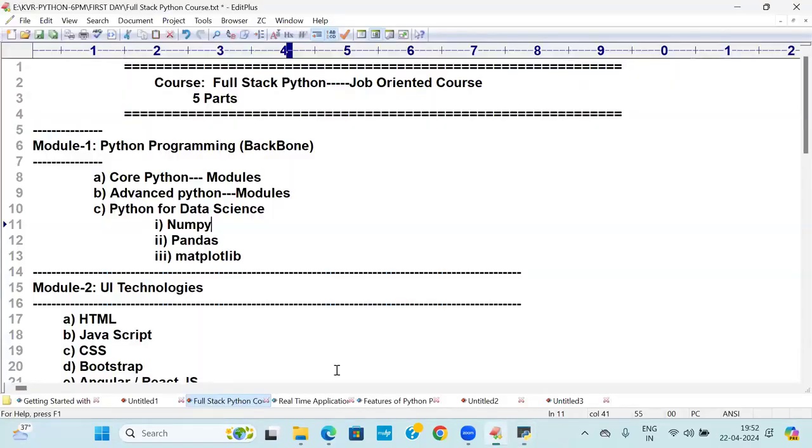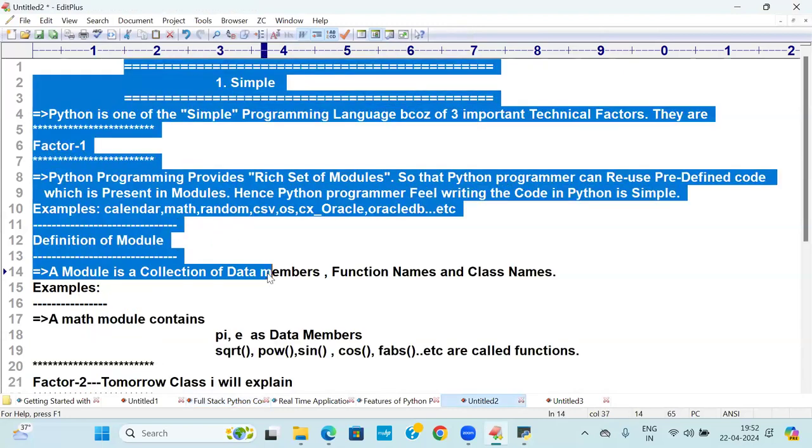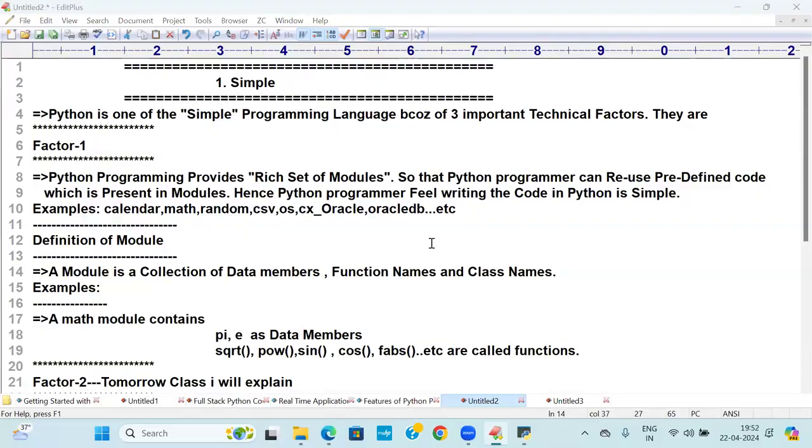I'm discussing the features. Very soon I will come to that. Today my intention is not to write the coding. I showed you the outputs, that's all, how easy it is to write the coding in Python. So don't worry about it, I'll start from 0 level. Okay, thank you, sir.